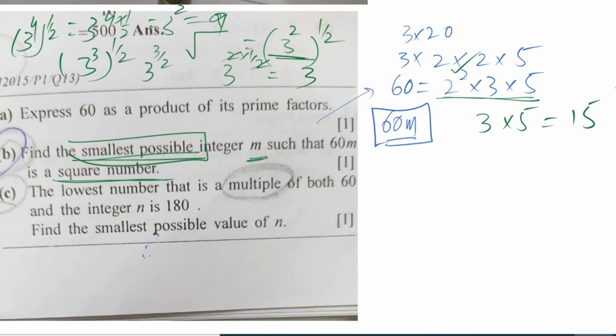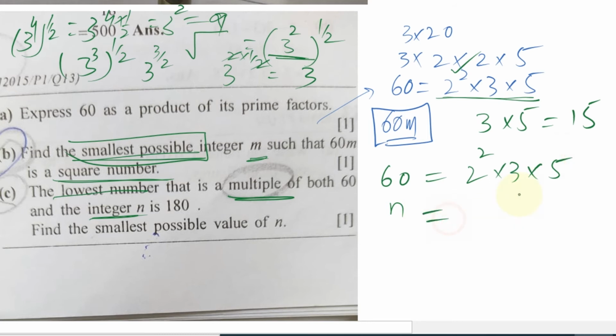The lowest number that is a multiple of both 60 and an integer n. Means there is 60 and another integer n. 60, as we have written, is 2 square into 3 into 5, and n we have to find.